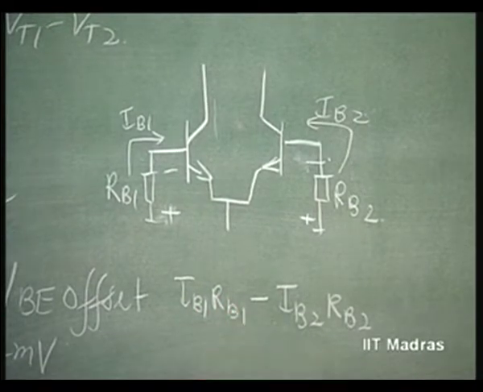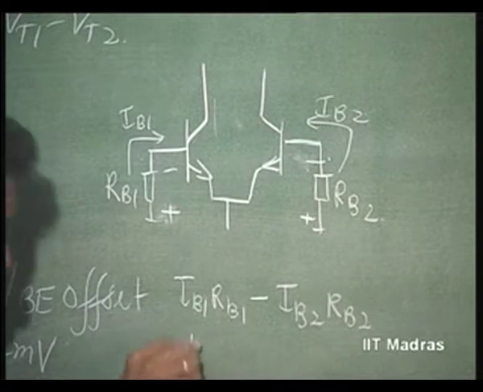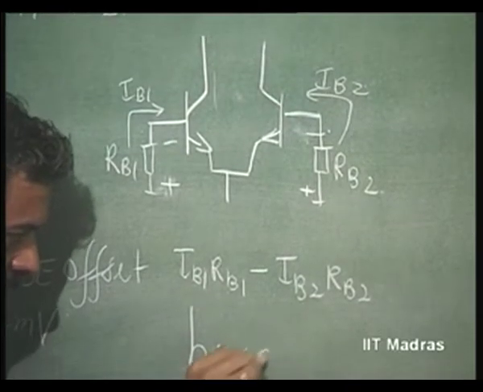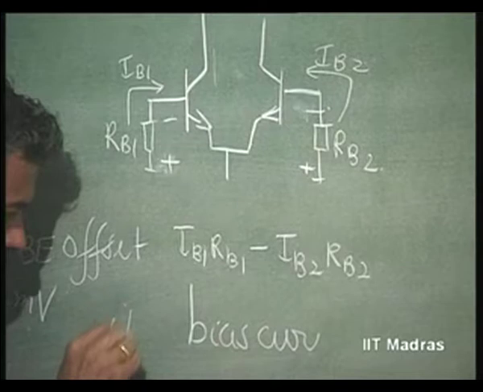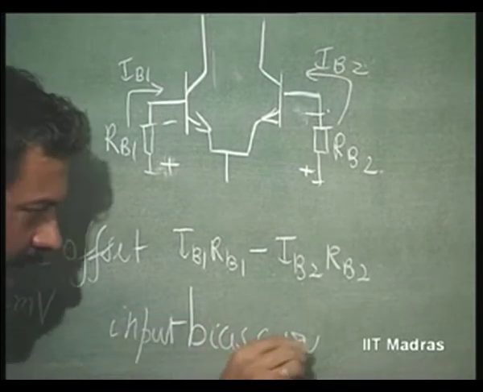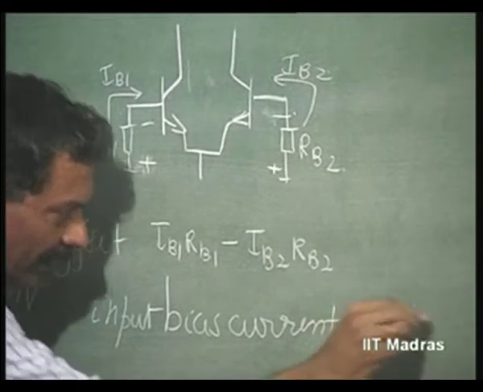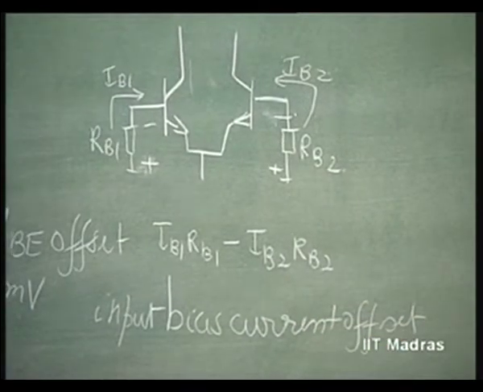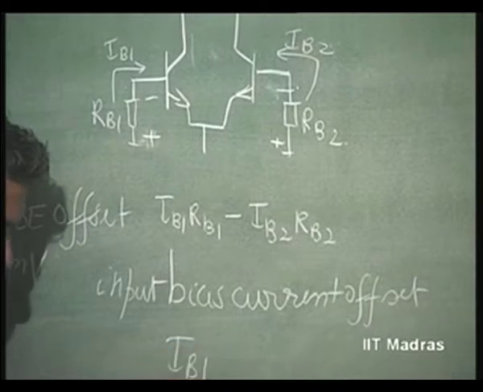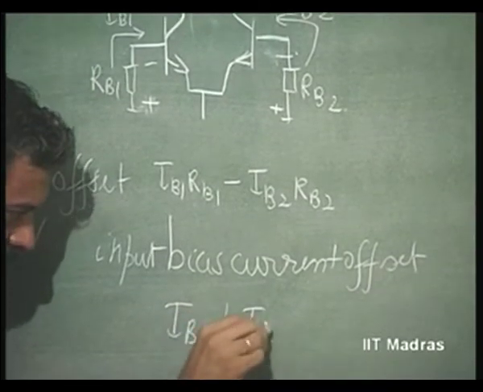This kind of offset is called bias current offset. That means this arises whenever IB1 is not equal to IB2.